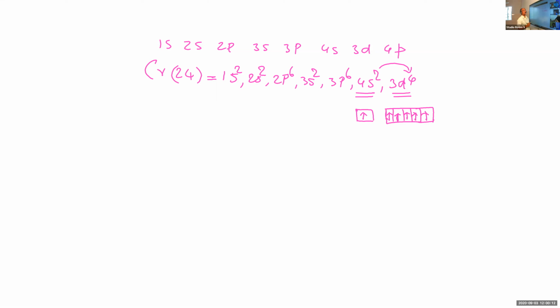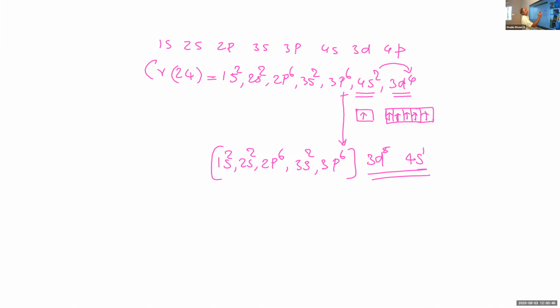So the actual configuration of chromium is 1s2, 2s2, 2p6, 3s2, 3p6. Up to this there is no problem, 18 electrons. Then 3d5, 4s1. And this is the correct configuration of chromium.